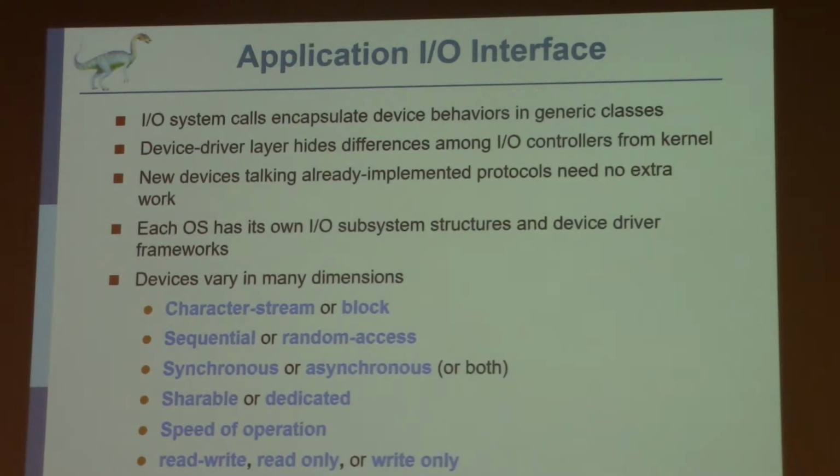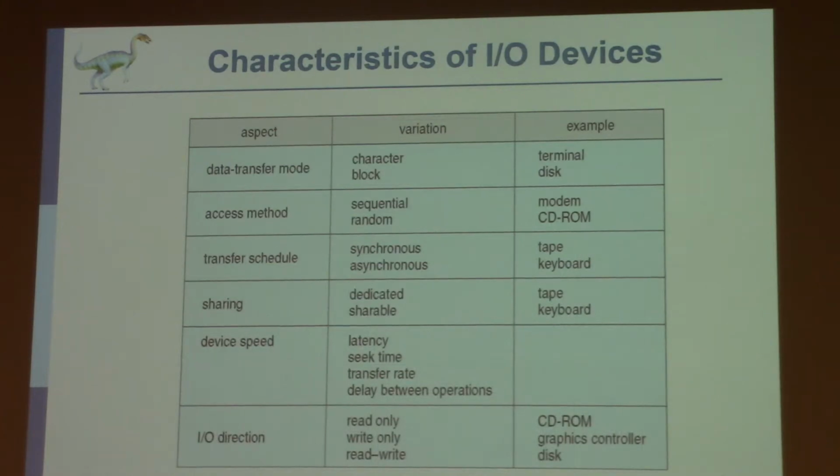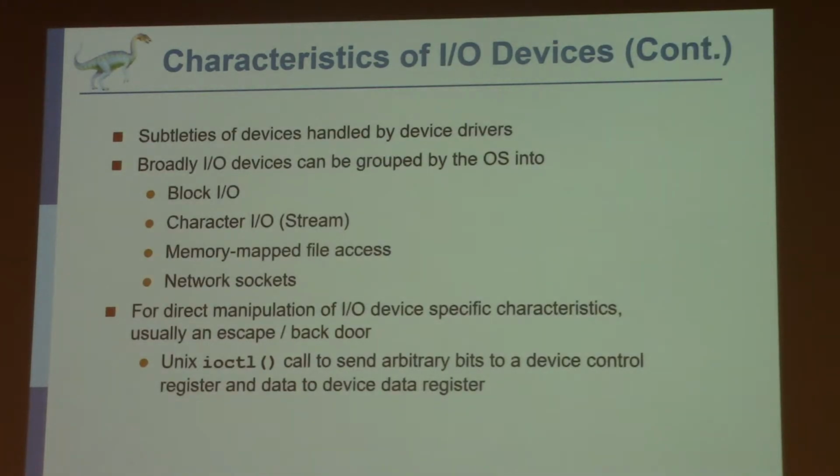I'm going to quickly go over the application I/O interface because we have talked a lot about it before. In the Unix system, the system library that supports I/O is ioctl.